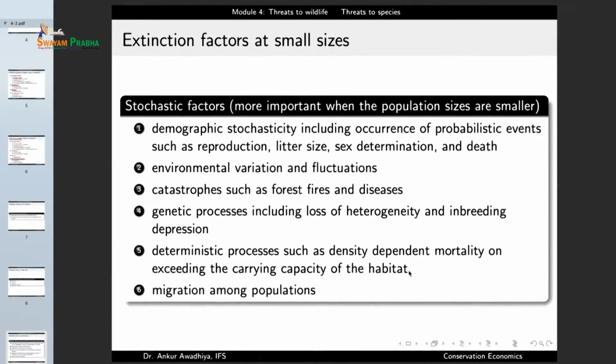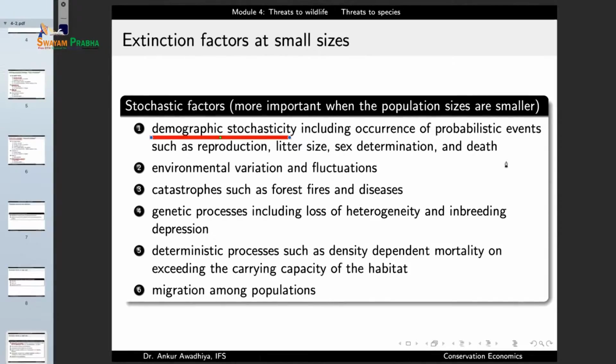On the other hand, the stochastic factors, which are more important when the population sizes are small, comprise of things like demographic stochasticity. Now, demographic stochasticity includes occurrence of probabilistic events such as reproduction, litter size, sex determination, and death.